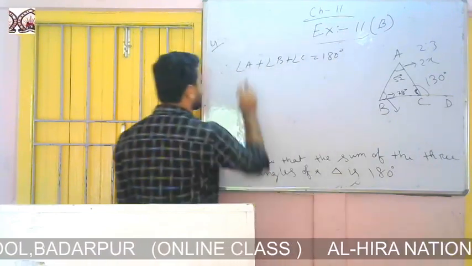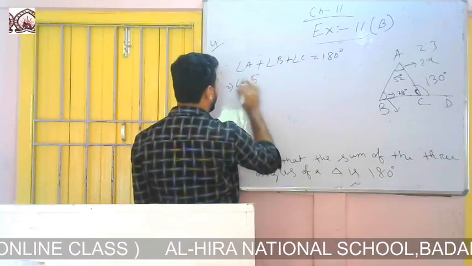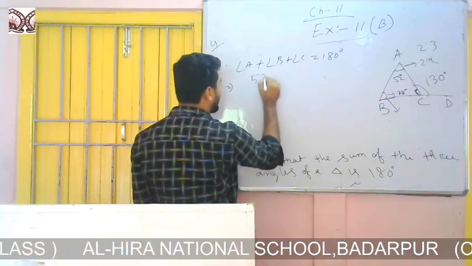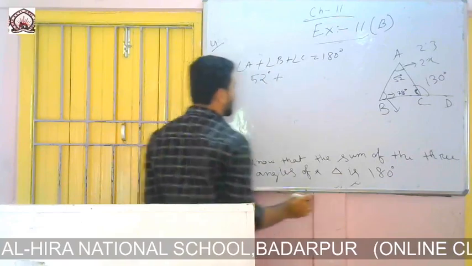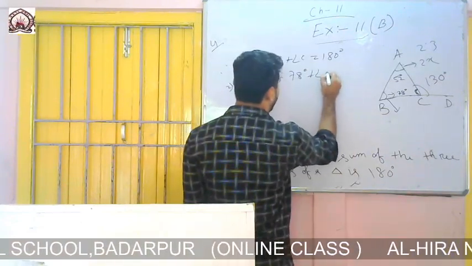Therefore I can write angle A plus angle B plus angle C equals to what? 180 degree. So in place of angle A I can write 52 degree, plus in place of angle B I can write 78 degree, and C I have to find.